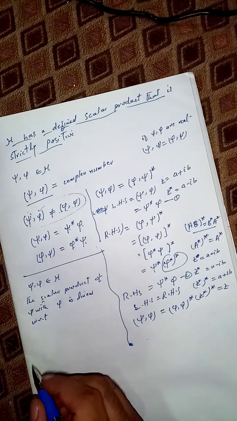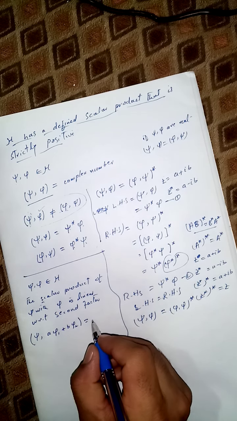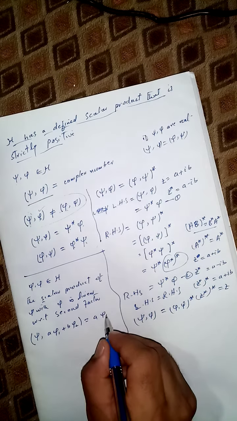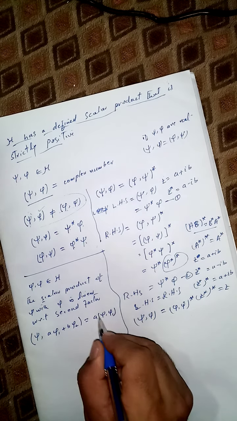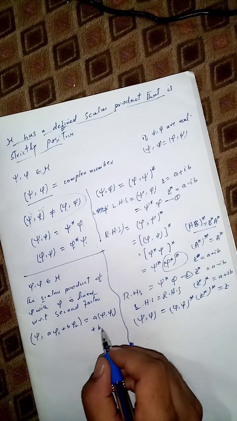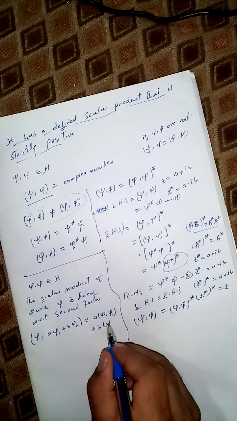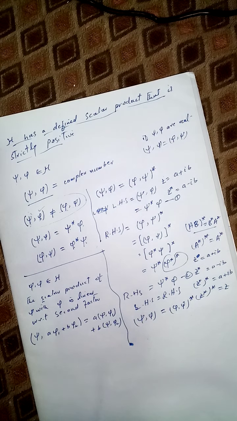What does it mean? It tells that ⟨ψ|aφ1 + bφ2⟩ is equal to just a⟨ψ|φ1⟩ plus b⟨ψ|φ2⟩.